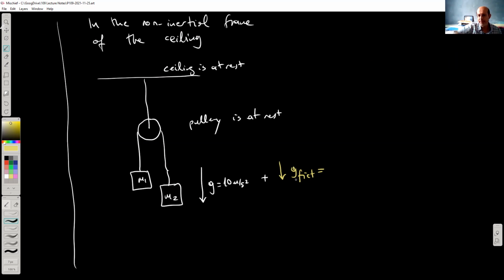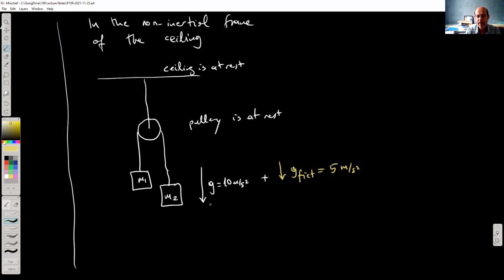So it must be pointing down. I'm using this down arrow to show its direction. The magnitude of that fictitious gravity along that direction is 5 meters per second squared. Just keep in mind that this vector here is anti-parallel to the acceleration of my reference frame.